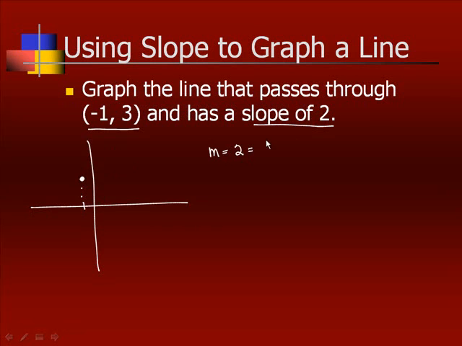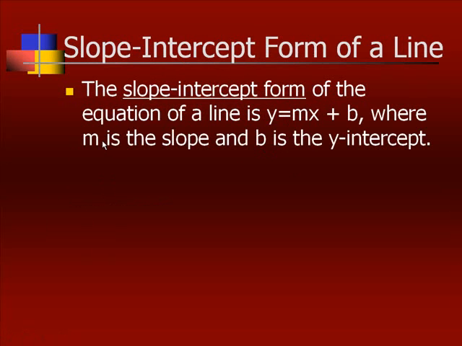Now, a slope of 2. As a fraction, rise over run, we've got 2 over 1, which means up 2 over 1. Or the alternative is -2 over -1, which means down 2, back 1. Either way, we get our 3 points that line up to make a straight line.